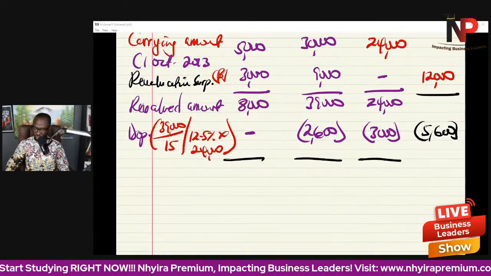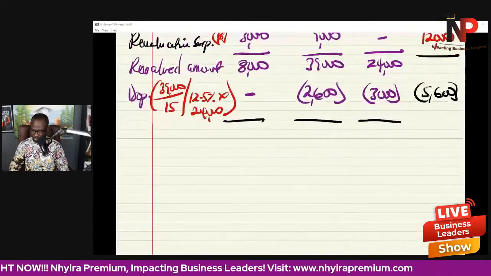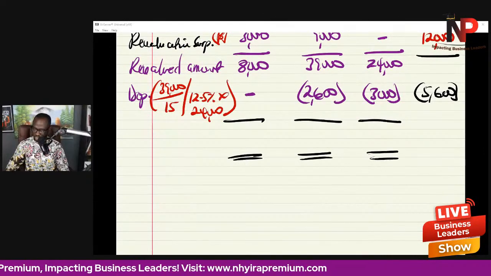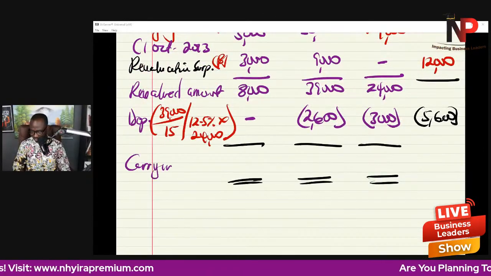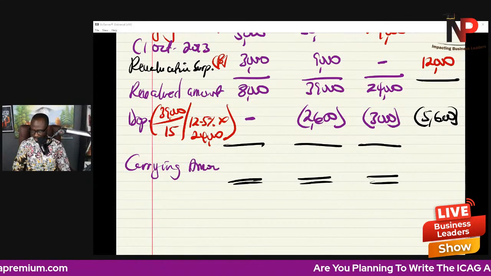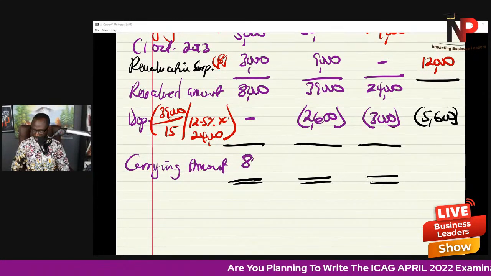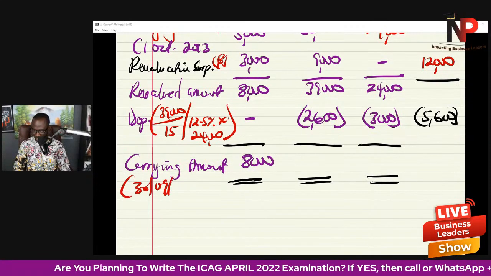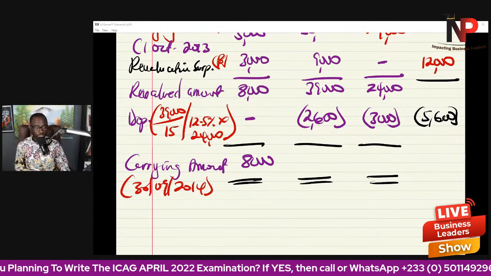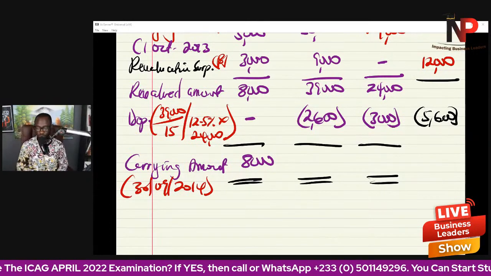Like I said, you can fill in the total columns. So let's get the carrying amount at the end of the year. Carrying amount, still 8,000 here. This is at 30th September 2014, the end of the year in the question.